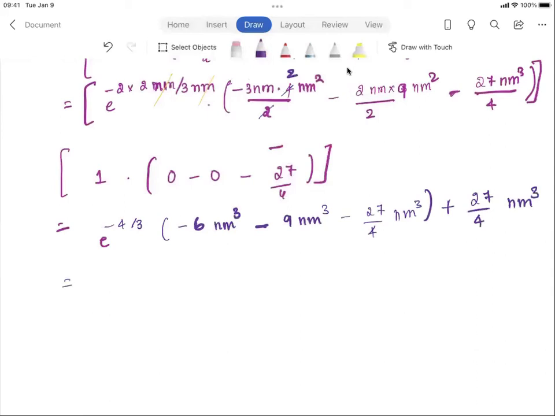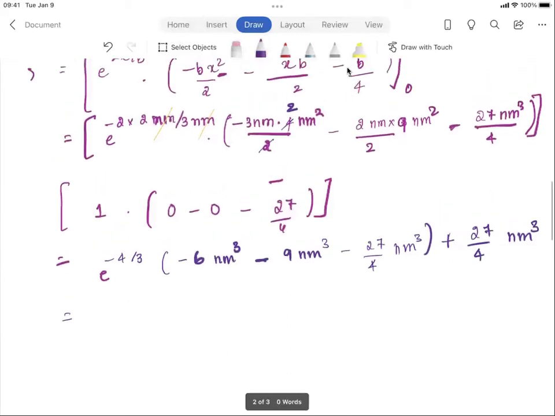So this will be the step that we need to compute.